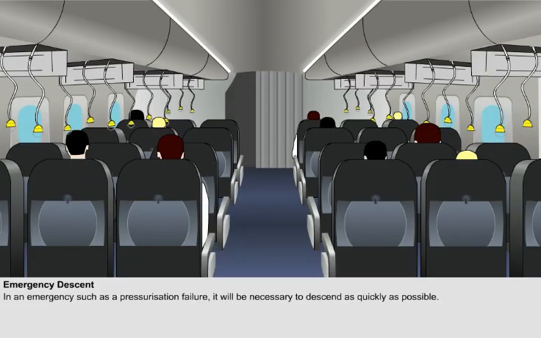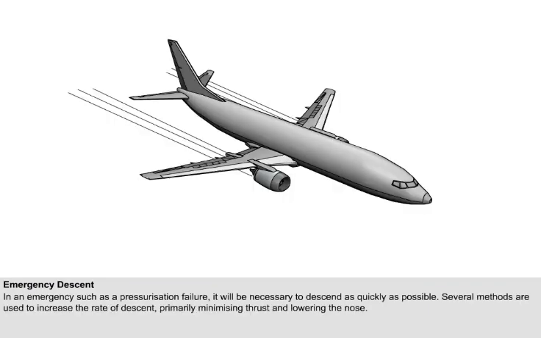There may be emergency situations, typically a pressurization failure at high altitude, in which it is necessary for the aircraft to descend as quickly as possible. The high rate of descent necessary can be achieved by several means, which are usually used in combination according to the circumstances.